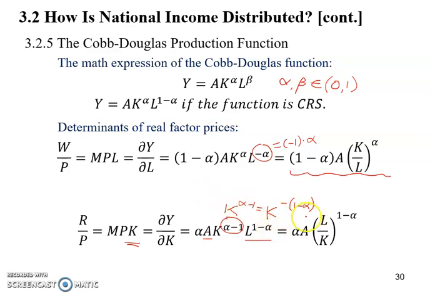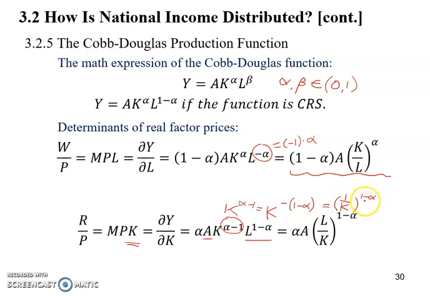If you open the brackets, you will find this is just minus 1 plus alpha, exactly the same as here. Because there's a minus sign, we can say it equals 1 over K to the power of 1 minus alpha.